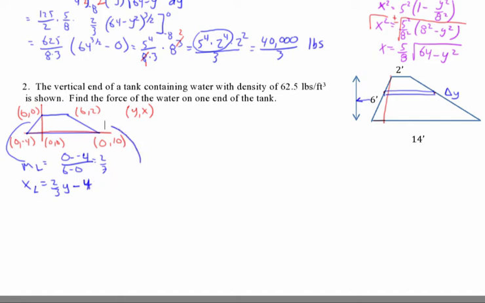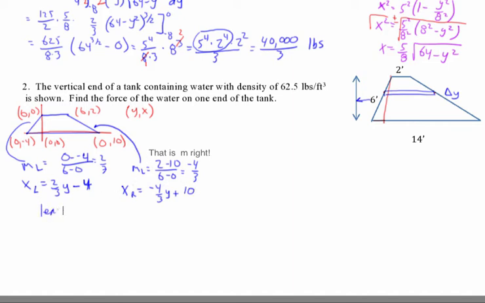We're going to apply the exact same thing now on the other side. We'll say the slope on the right side will be 2 minus 10 over 6 minus 0. And that's going to reduce, so you have -8 over 6, so -4/3. So on the right side, we will have -4/3 y plus 10, our x-intercept.